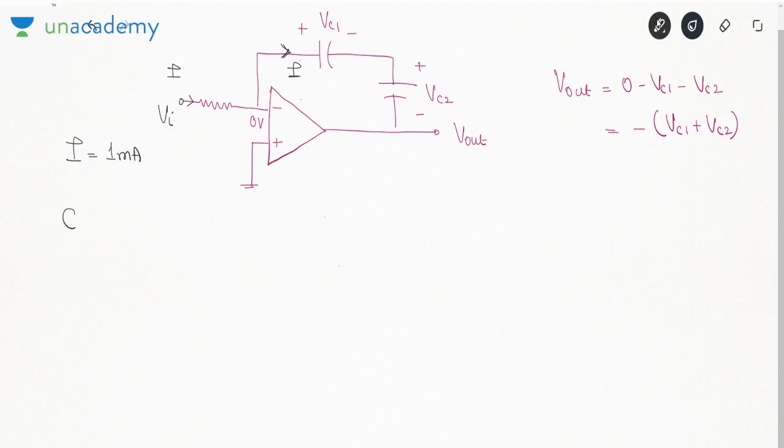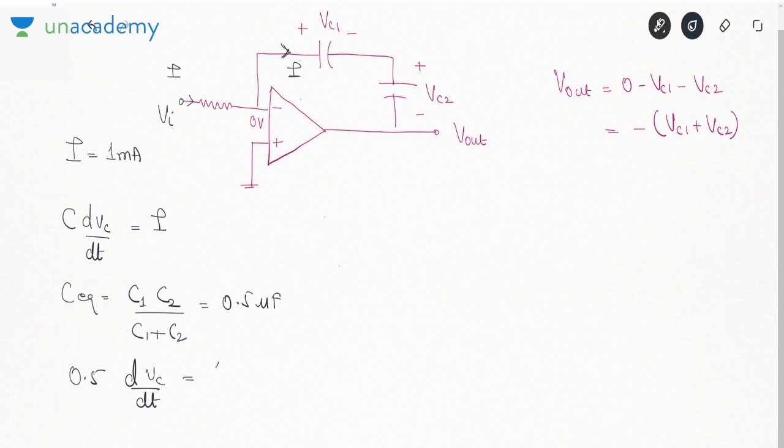And we know C dVc by dt is current I. Since both the capacitors are in series, C equivalent is C1 C2 by C1 plus C2. That is 0.5 microfarad. So 0.5 into dVc by dt equal to current I, 1 milliampere.